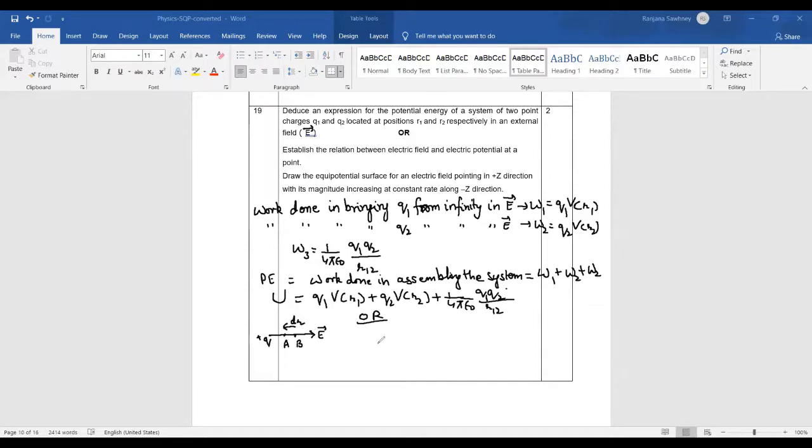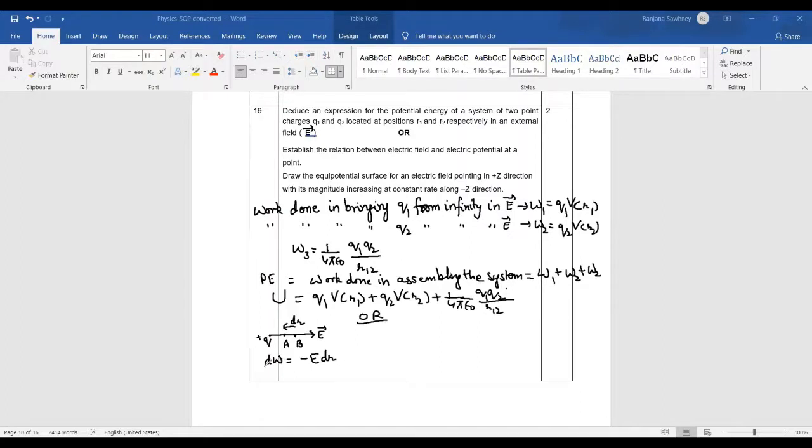So the amount of work done in moving the test charge through a small distance dr will be equal to dW, which is equal to minus E into dr. Why? Because electric field is pointing towards right and the test charge is moved in the opposite direction. So it is minus E into dr.